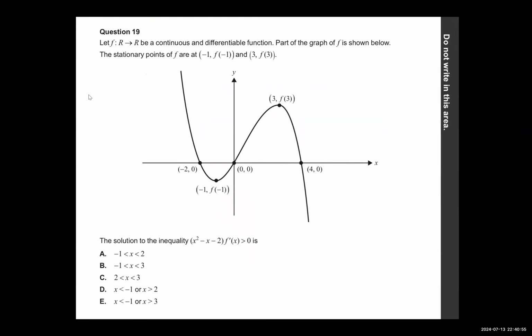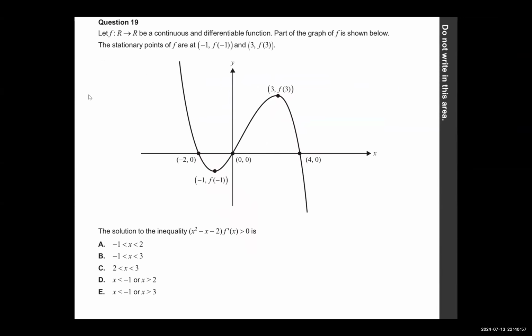Question 19. Let f be a continuous and differentiable function over R. Part of the graph of f is shown below. The stationary points are at -1 and 3. The downside of the question is we don't have any specific explicit rule for the plotted function here.